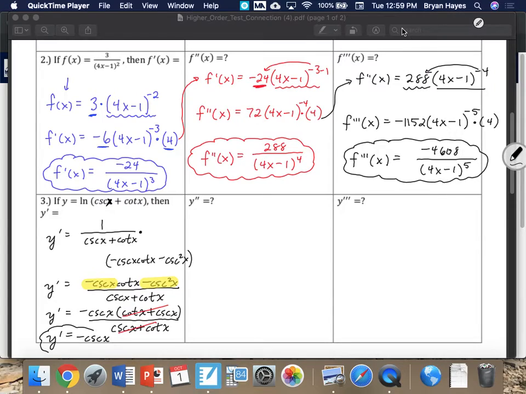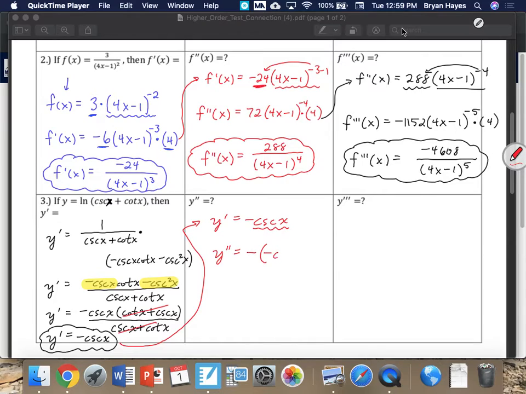There's our first derivative. Some of us may not have thought to, perhaps on our test, divide that out up top and simplify our trigonometric piece. There's a nice first derivative. So venturing into our second derivative, it's actually just going to be a rule. If y prime is equal to negative cosecant of x, then y double prime is equal to the opposite of, and then we're going to derive cosecant.